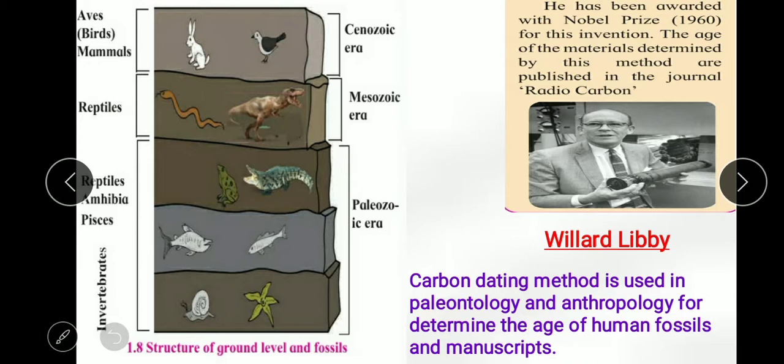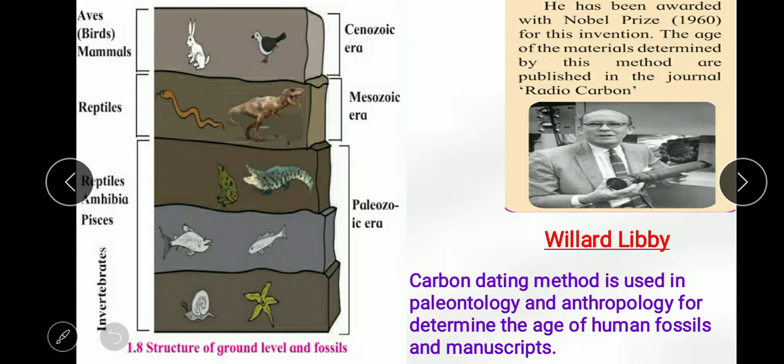When we dig inside the earth surface, we find the fossil fuels of the dead organisms present inside the ground level. With more depth, the age must be more, because they must be deposited first, and then the second layer, then the third layer.